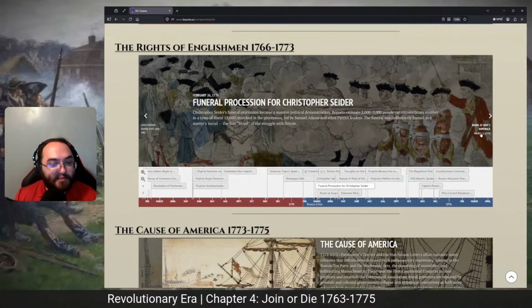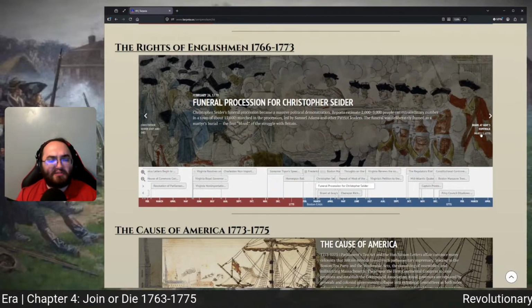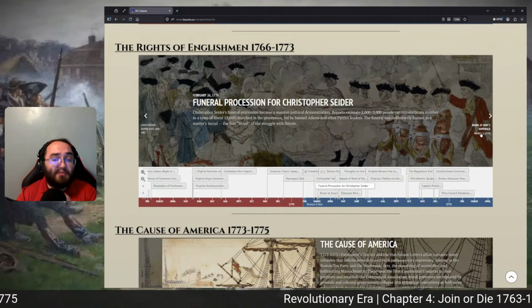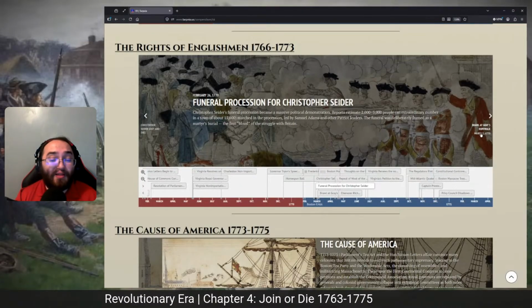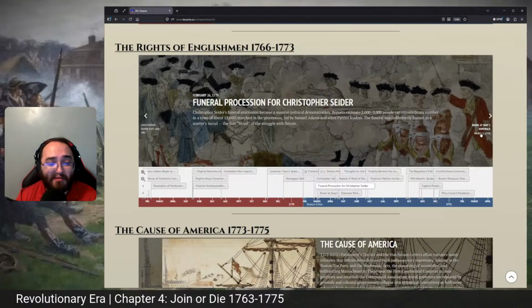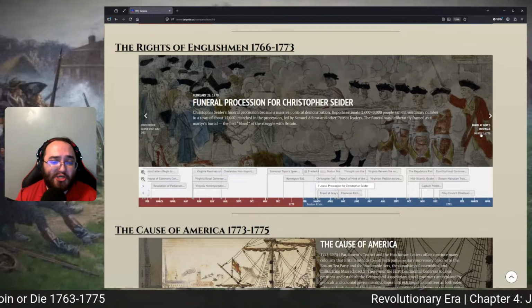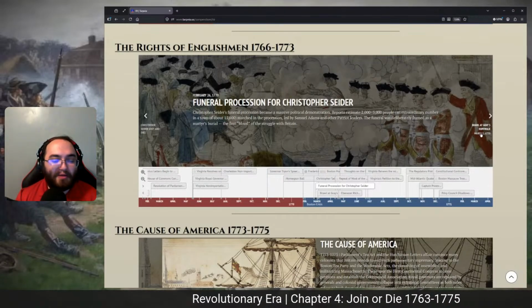And so Seider dies, and there is a massive, and I mean massive, funeral procession, which became a political demonstration, where around 3,000 people in a town of 15,000 people marched in the procession, led by Samuel Adams and other Patriot leaders.